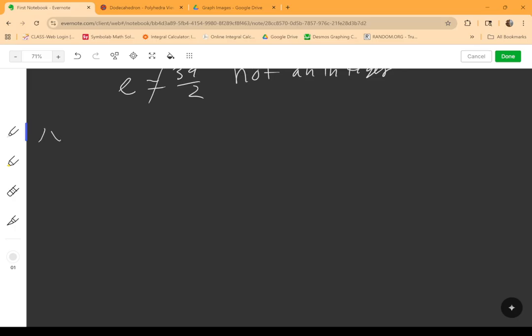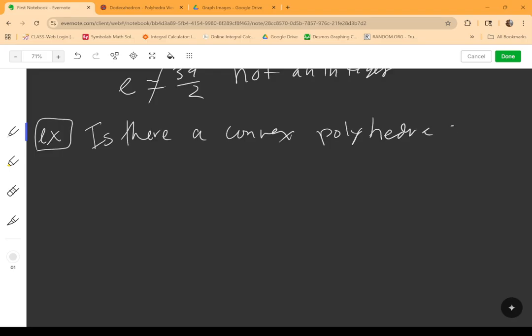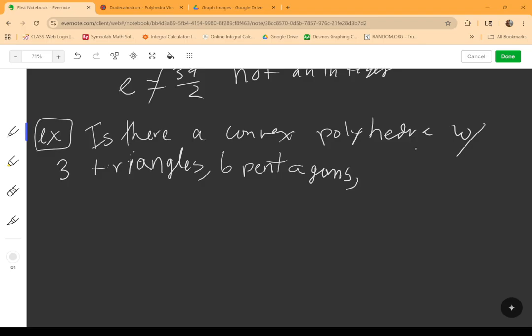Now let's try another example here. All right, is there a convex polyhedron with 3 triangles, 6 pentagons, and 5 heptagons?